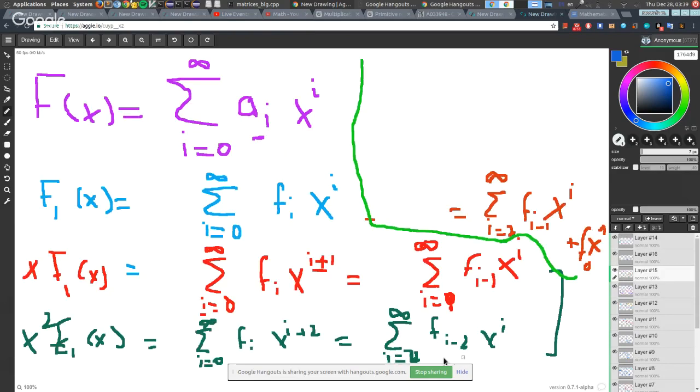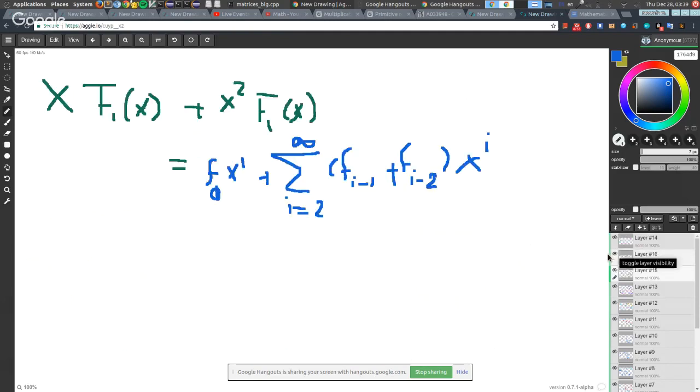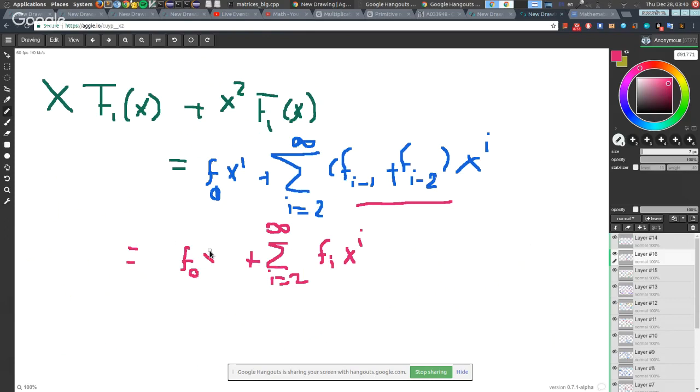So this should be pretty clear. For this part, we can use the definition of the Fibonacci numbers and substitute it here. So this is i plus 2 to infinity, this is the Fibonacci of i.